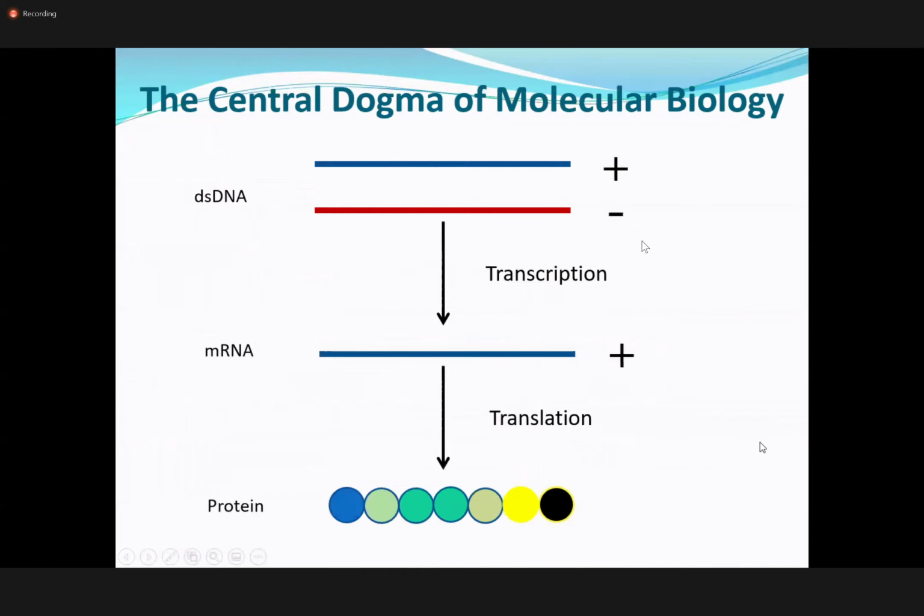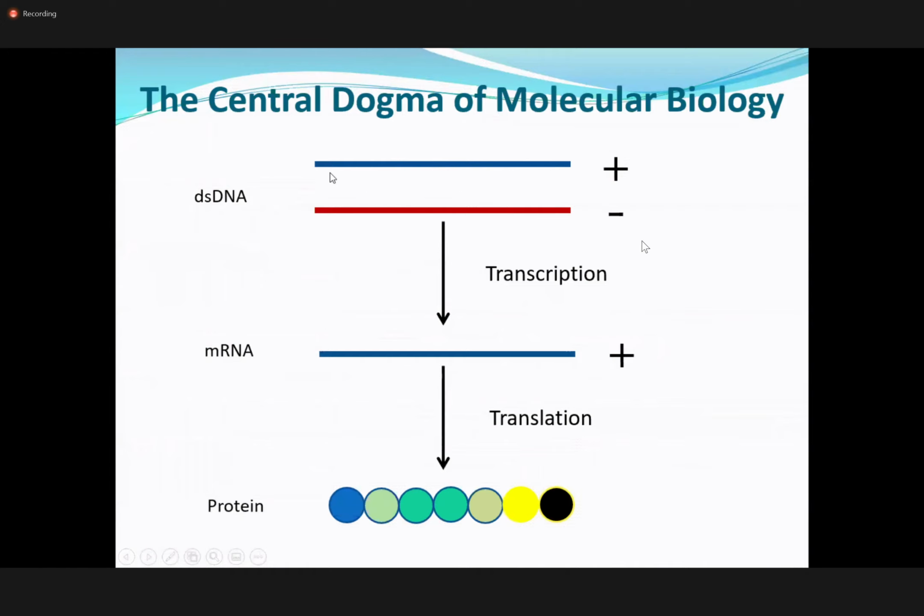So before we understand the Baltimore classification, we need to understand what we call the central dogma of molecular biology, that within our eukaryotic cells, or all cells, we start off with a double-stranded DNA template.